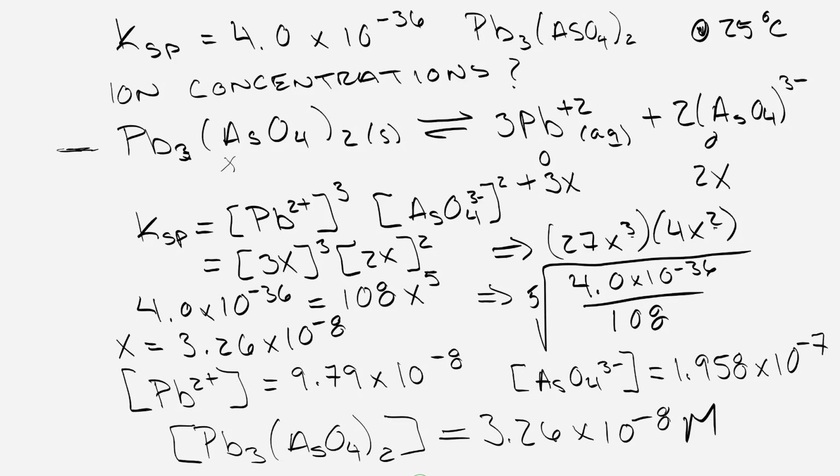So even when it's more complicated or slightly uglier, oh, that eraser button is killing me, it is just doing it step by step, getting to your x values, right? And then using our KSP to get to our concentrations and getting to x.